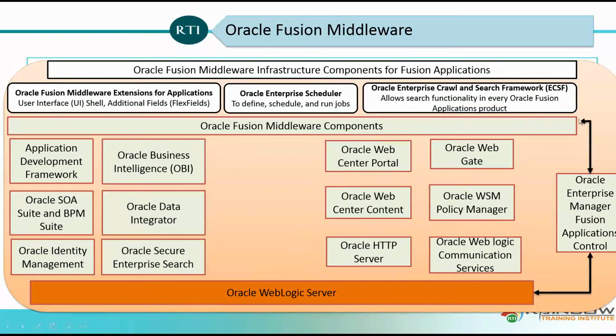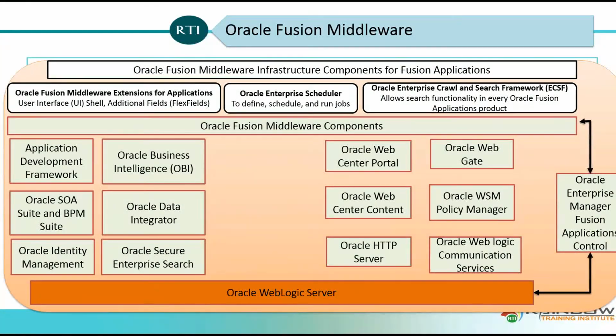All these things can be monitored using Oracle Enterprise Manager Fusion Applications Control. It is nothing but a simple graphic user interface page where you can keep monitoring the status of each and every individual component. If some component is not working or delaying the process or going down, then automatically this Enterprise Manager sends alerts based on our configurations.